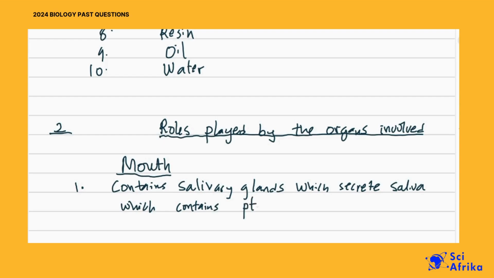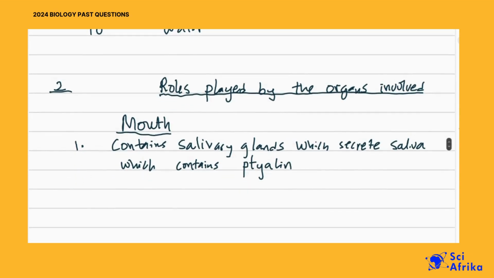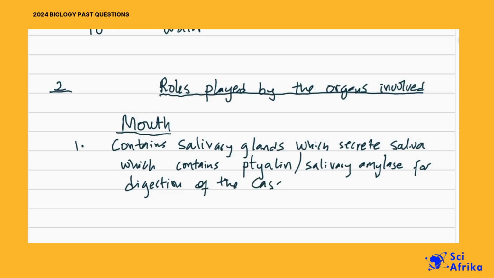Ptyalin is an enzyme that helps to digest cooked starch, changing it into maltose. We can also call it salivary amylase. Salivary amylase is also ptyalin, for digestion of cassava. Digestion of the cassava meal. So this is a very good way of answering the question.